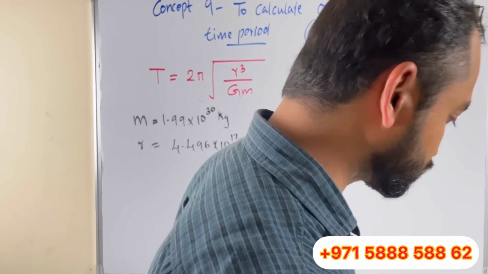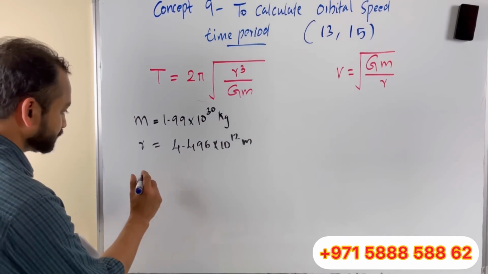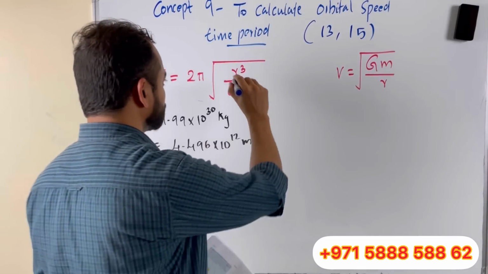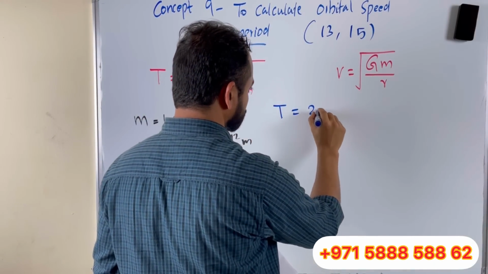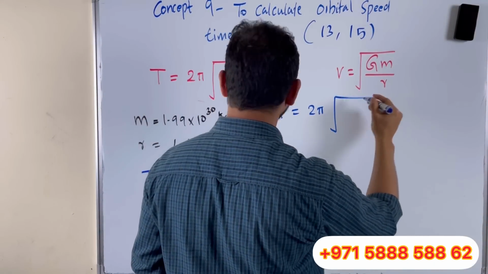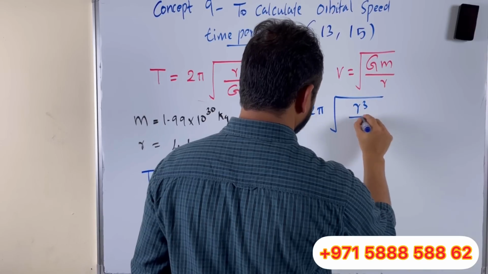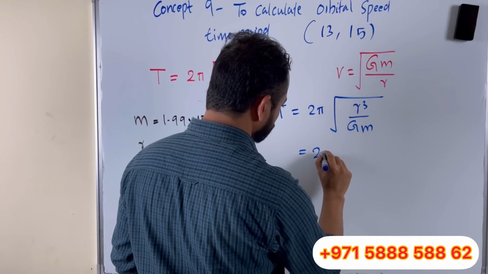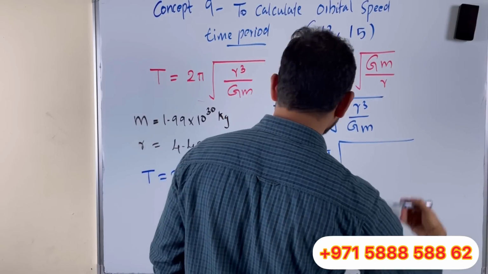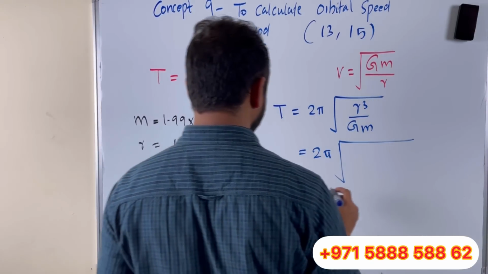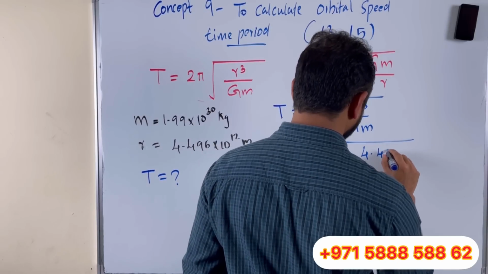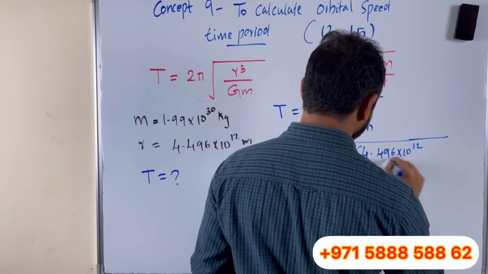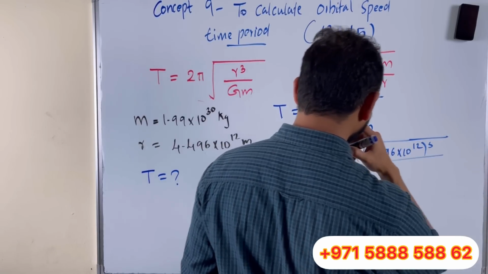The question is to calculate the orbital time period. The equation to calculate orbital time period T is equal to 2 pi into square root of r cubed over GM. So here, 2 pi into square root of the orbital radius cubed, 4.496 times 10 to the power 12 cubed, divided by GM.